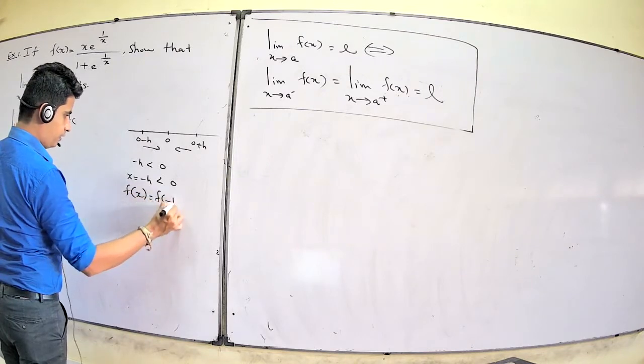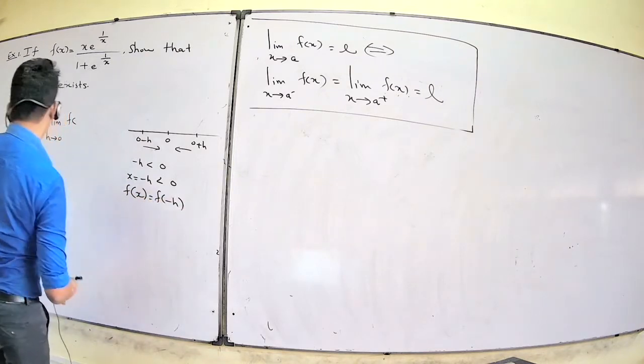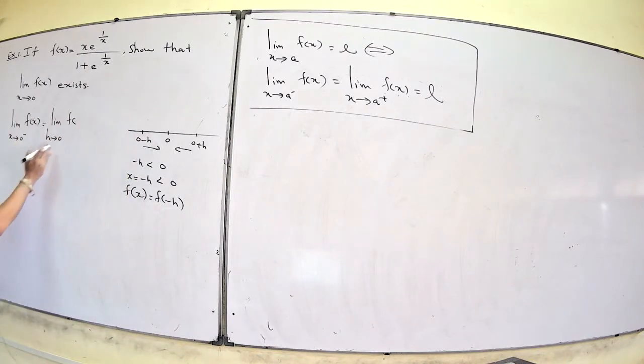It is f of minus h, because here we take the limit for the x less than 0 case.